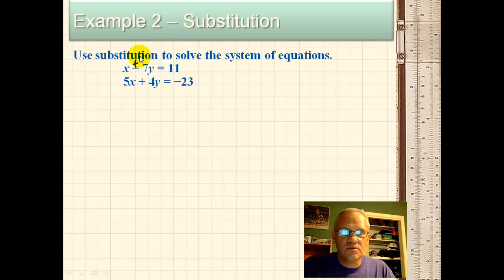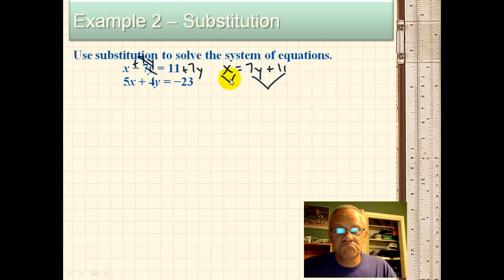So I'm going to do plus 7y, plus 7y. These cancel, so now I have x equals 7y plus 11. So I got that x by itself. Now all I do is, since x and 7y plus 11 are the same thing, this would be like, let's say x is your starting running back, and he gets injured, and so your backup running back has to come in the game.